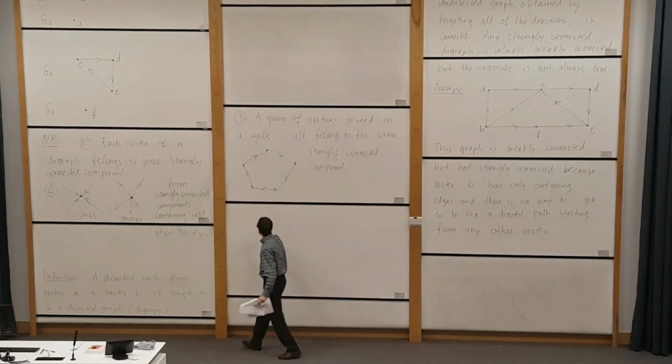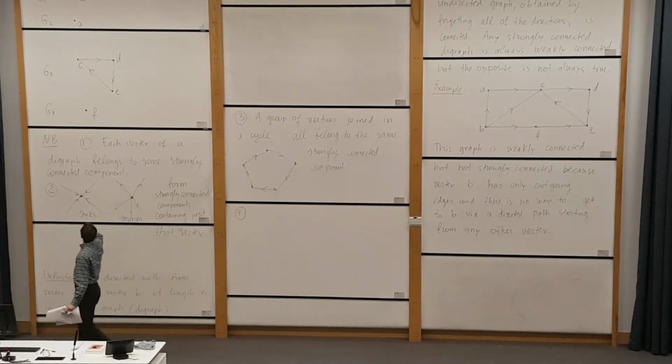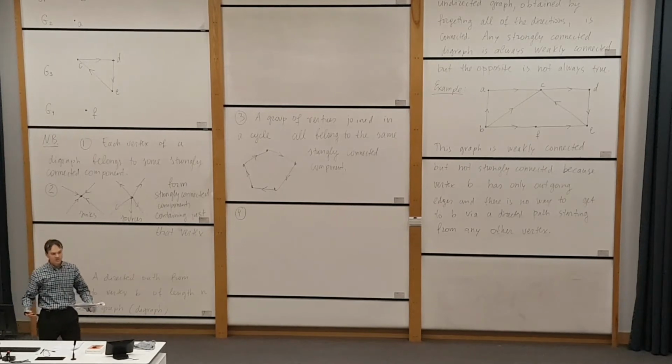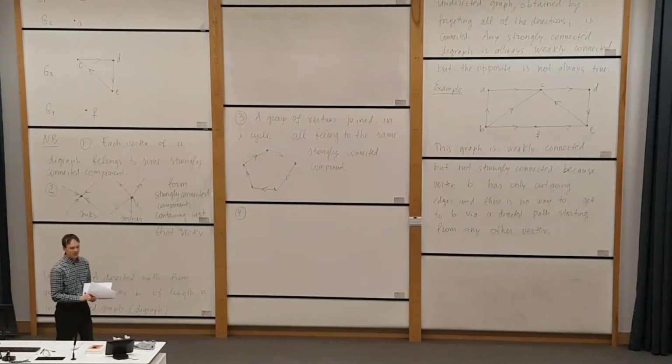Another remark I want to make, remark number 4, is that you can see already in the previous example that if you know all the strongly connected components, then if you want to put back together your original graph, you need to add more connections, right? That's because some parts were connected in one direction and not the other. So those connections have to be additionally put in.